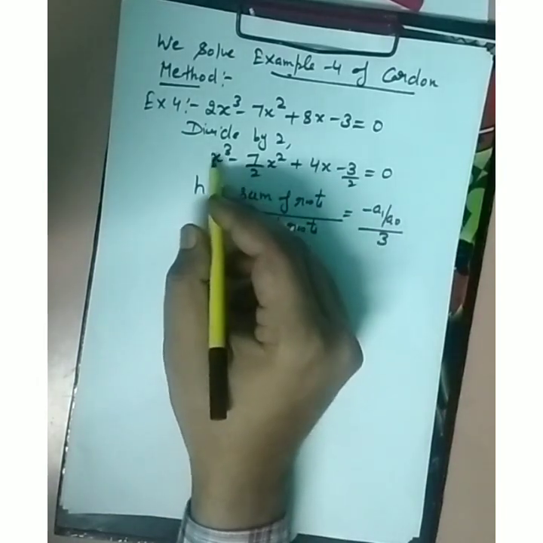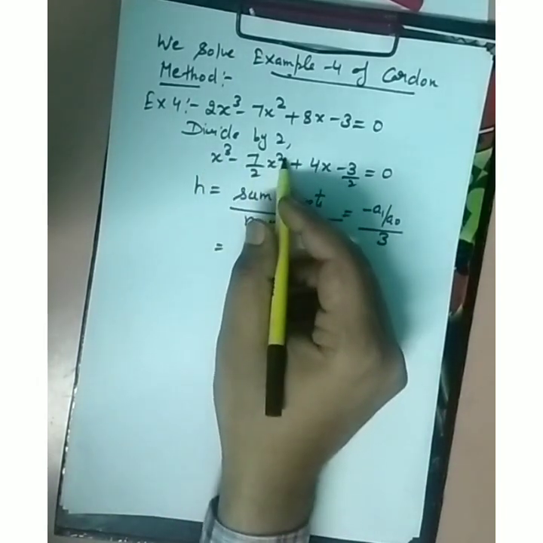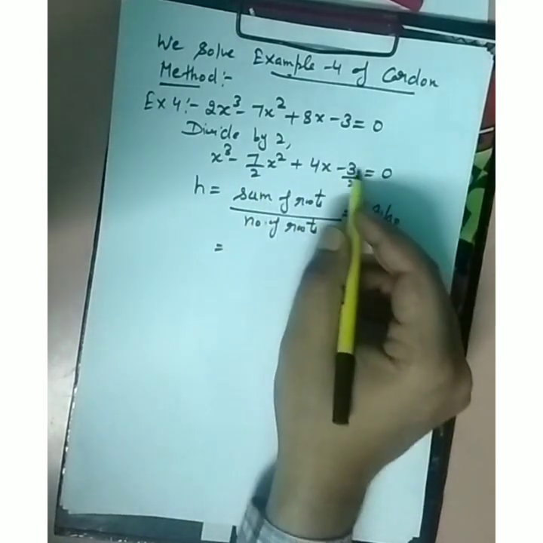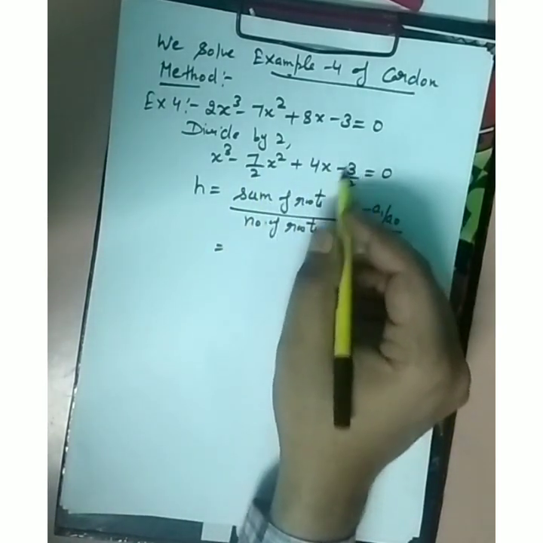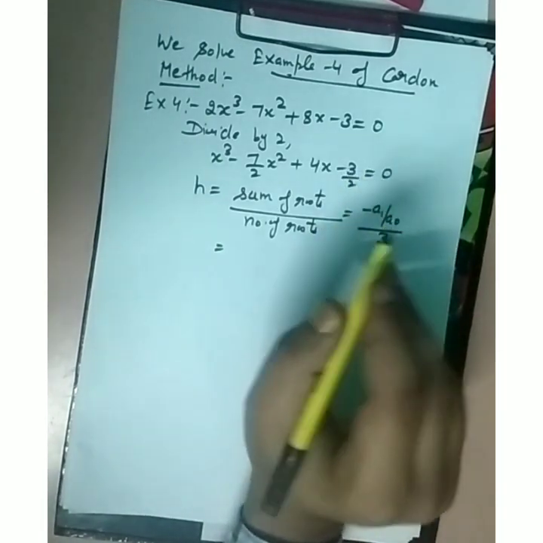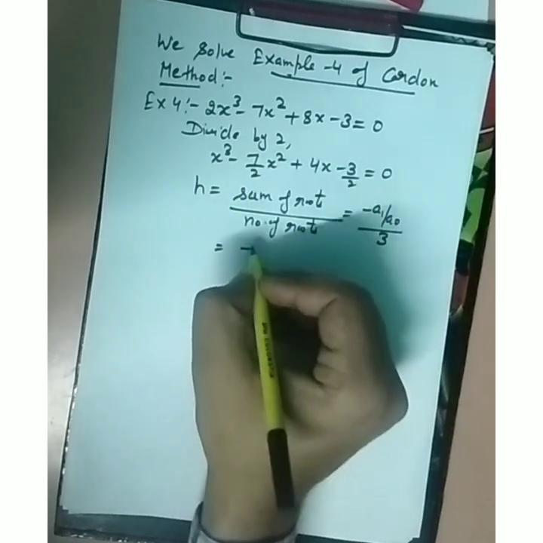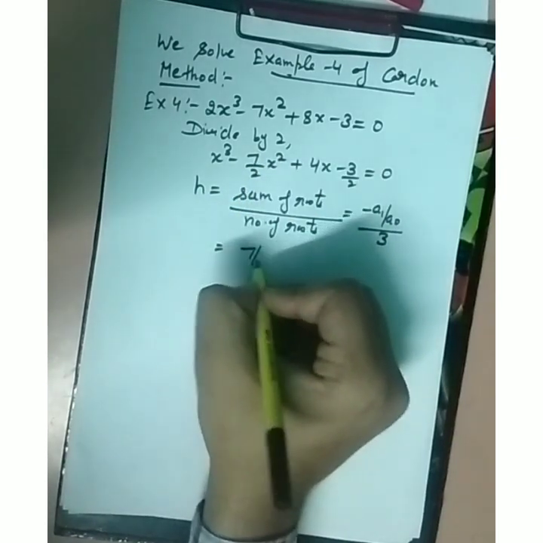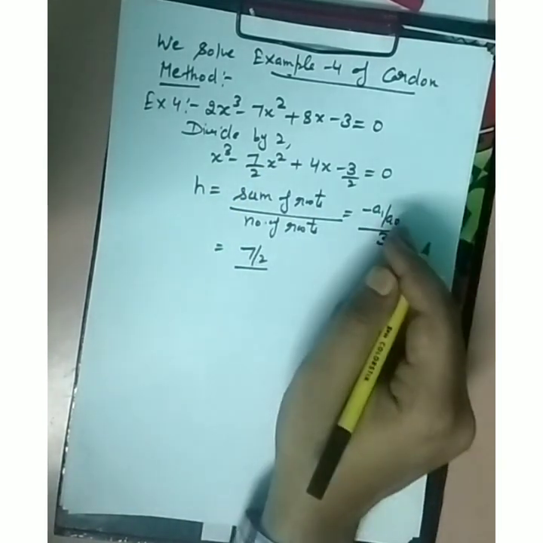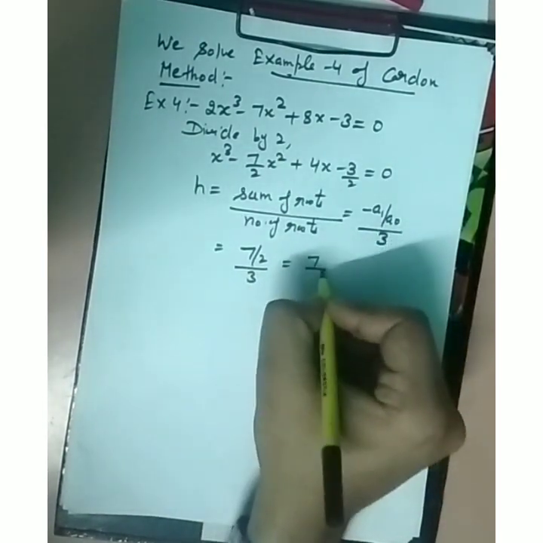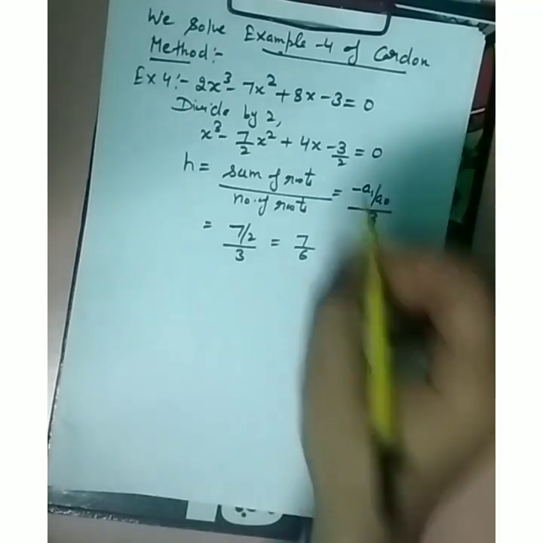Coefficient of x cube is called a0, coefficient of x square is called a1, coefficient of x is a2 and the constant term is a3. So what is a1 here? That is equal to minus 7 by 2. So plus 7 by 2, a0 is 1, upon 3. So that is equal to 7 by 6.